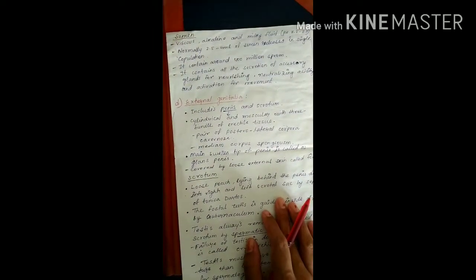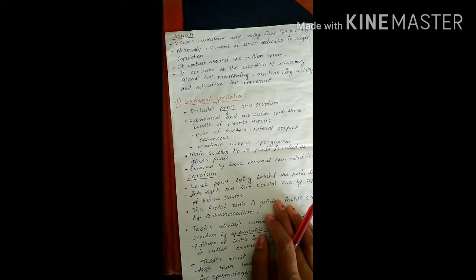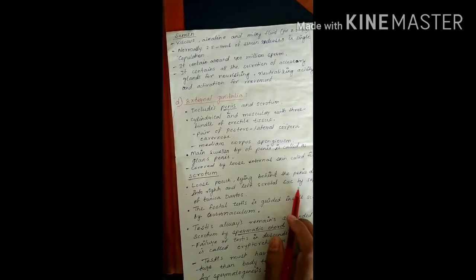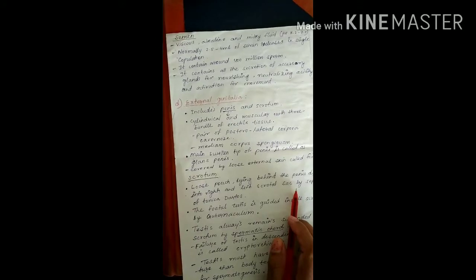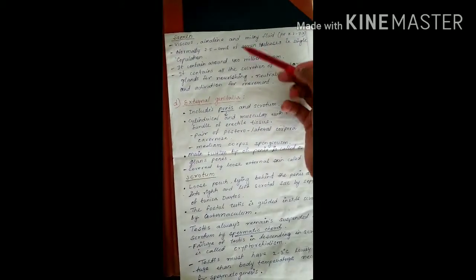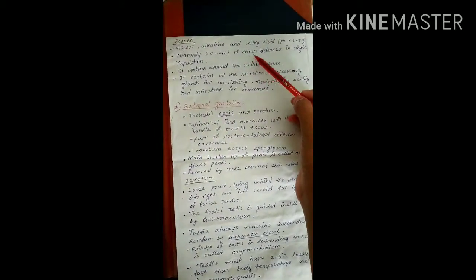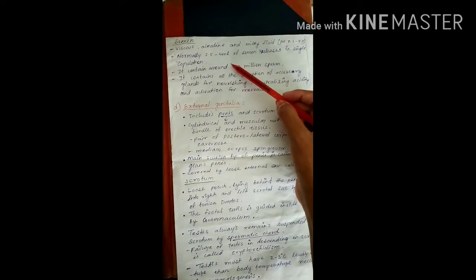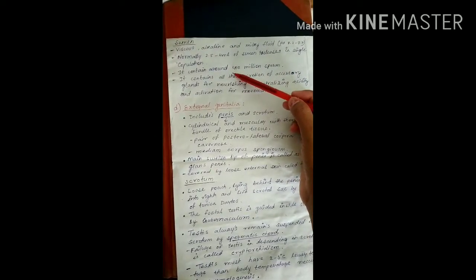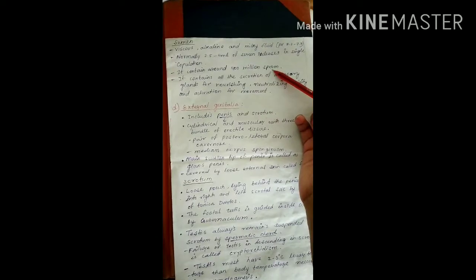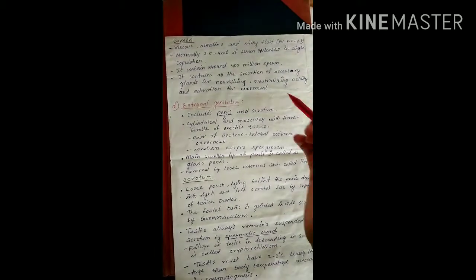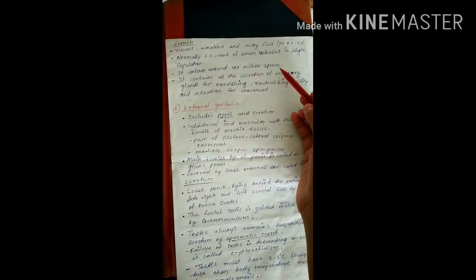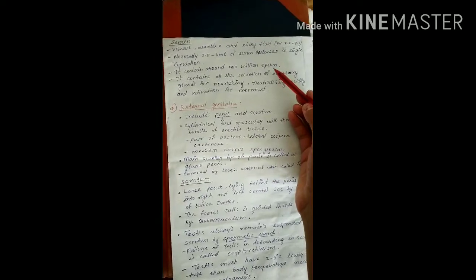Next, semen. Semen is a viscous, alkaline and milky fluid whose pH is 7.2 to 7.7. Normally 2.5 to 4 ml of semen is released in a single copulation. It contains around 400 million sperm. Also we have seen in external fertilization that males produce a large number of sperm.